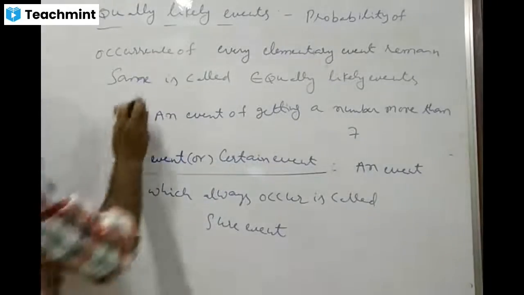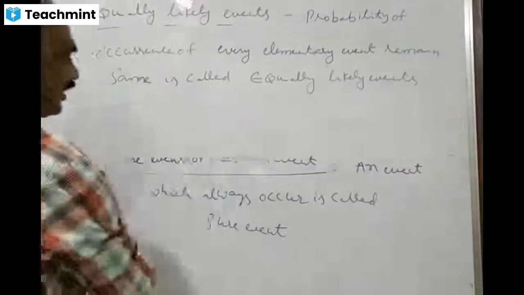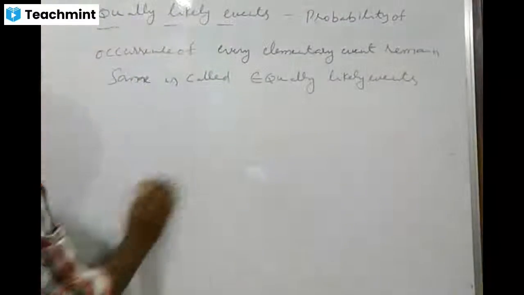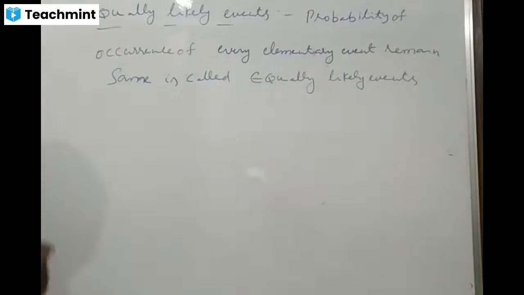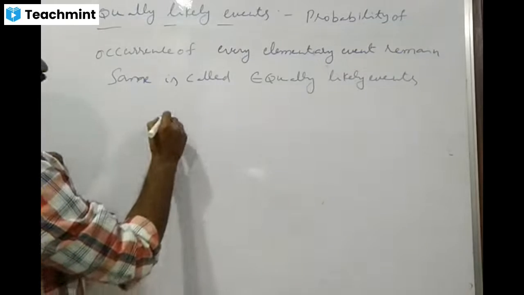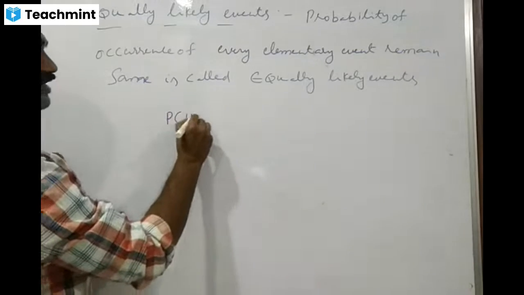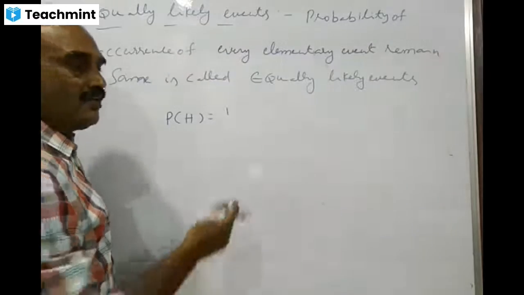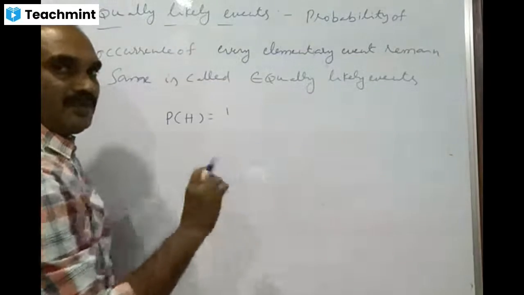As an example, toss a coin. The probability of getting a head is favorable outcomes by total possible outcomes.